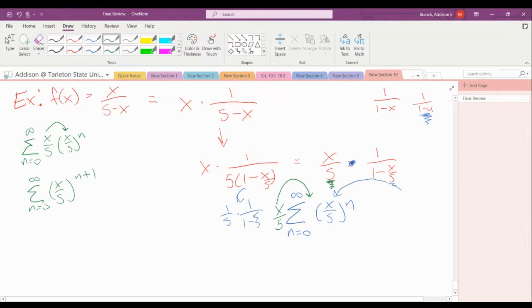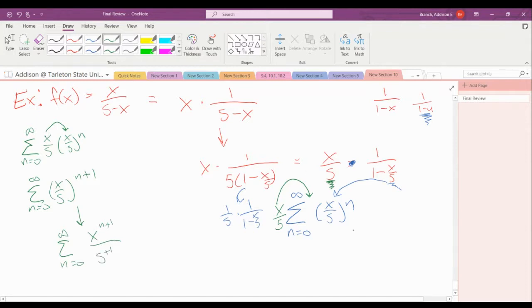Now, this one was a fairly simple example, but just be aware that if you have something more complex, I would separate that x over 5 into something like x to the n plus 1 over 5 to the n plus 1.